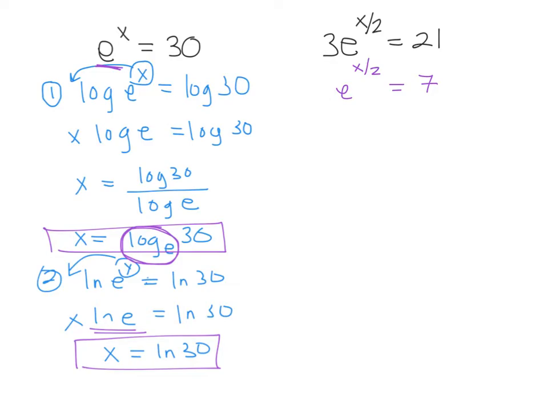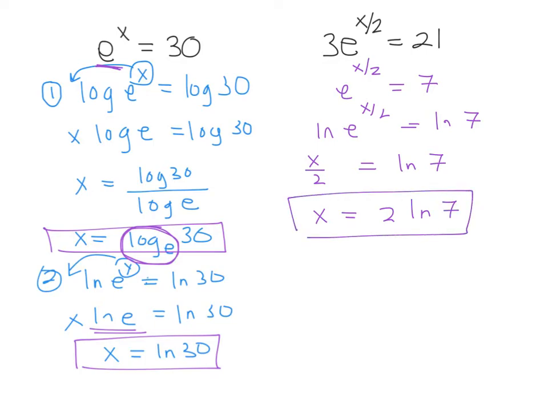So we have ln of e to the x over 2 is equal to ln of 7. Using the laws of log, we have x over 2 ln of e, which we know is 1, is equal to ln of 7. Multiply by 2 on both sides, so x is equal to 2 ln of 7. So that's the answer for the second one.